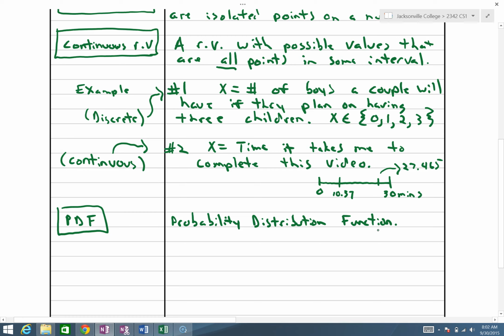In this case, the inputs are going to be these values that our random variable takes on, and the output's going to be some probability. A probability distribution function gives a probability, that's going to be my output, for each outcome. Okay, and those are my inputs, the 0, 1, 2, 3.